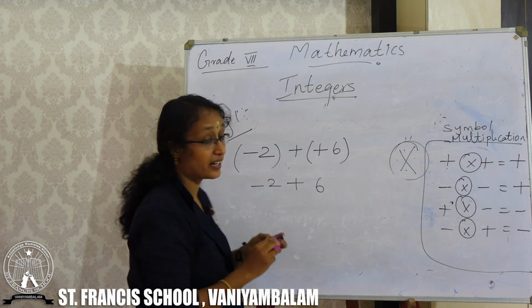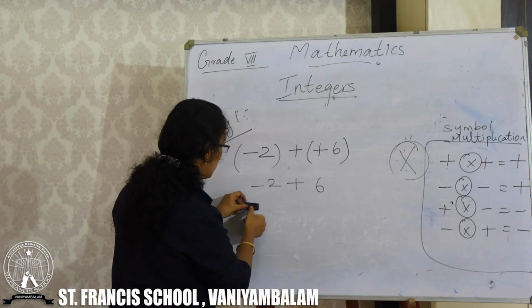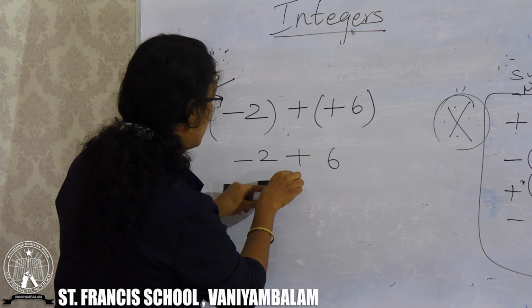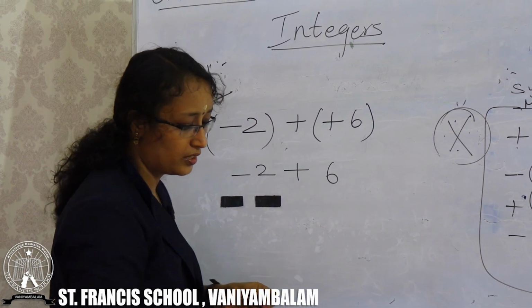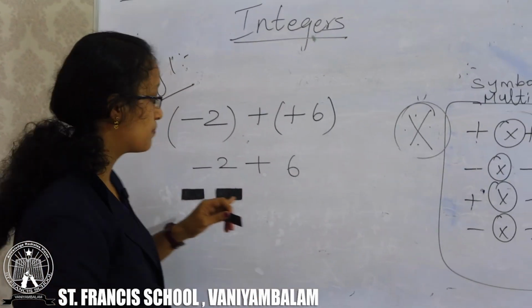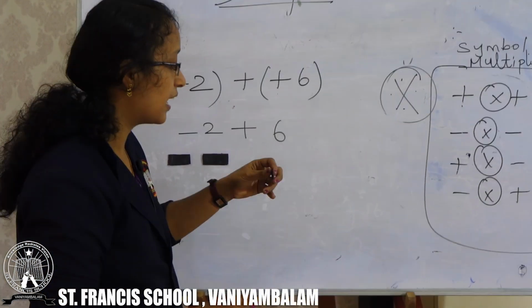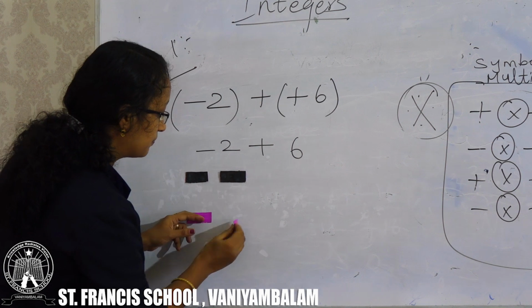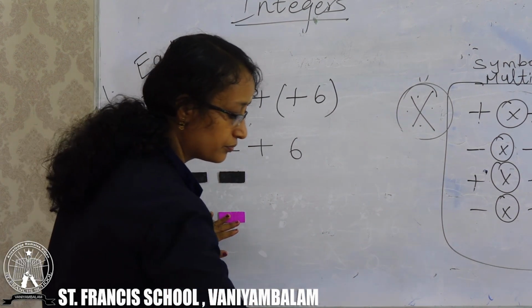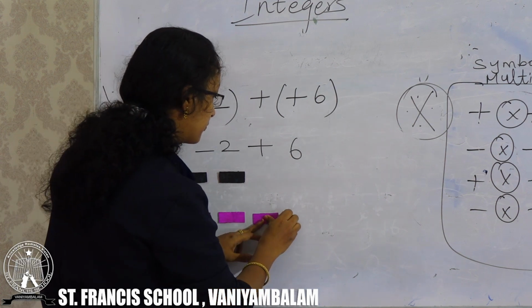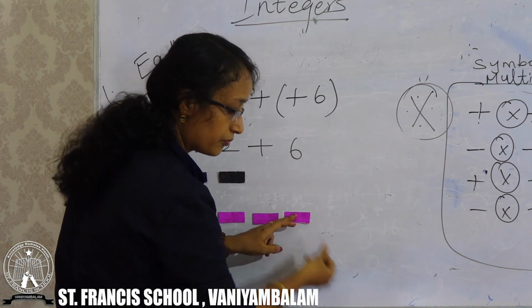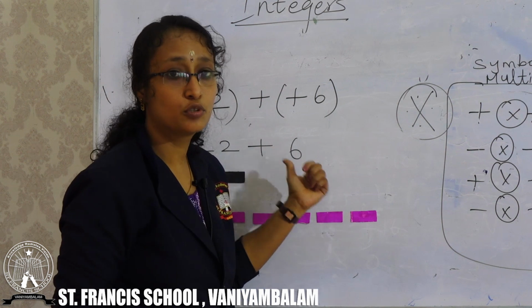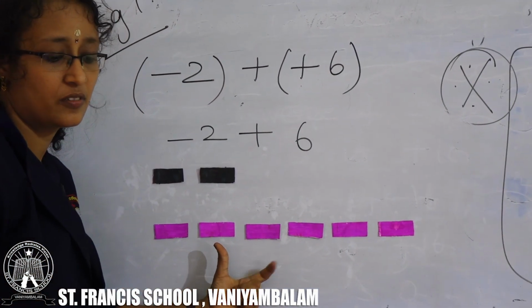Okay, I am going to stick 6 tiles. You have 2 negative integers and 6 positive integers.